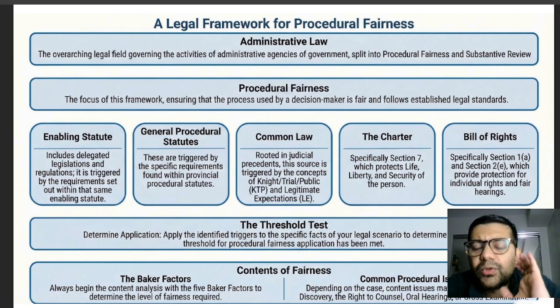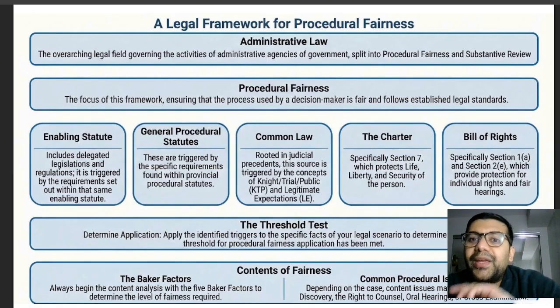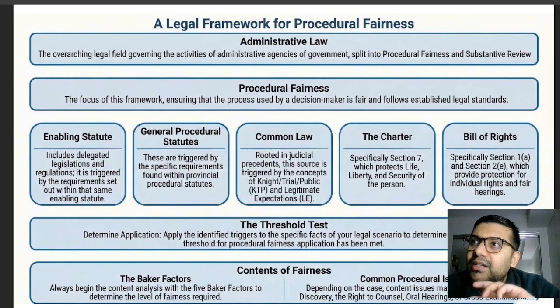But as of now, you can remember that the Charter and the Bill of Rights are written sources coming directly from the Charter and the Bill of Rights, and they are more about the bigger, higher issues, like you are owed procedural fairness when it is about one of these two or three issues that are given in the Charter and the Bill of Rights.